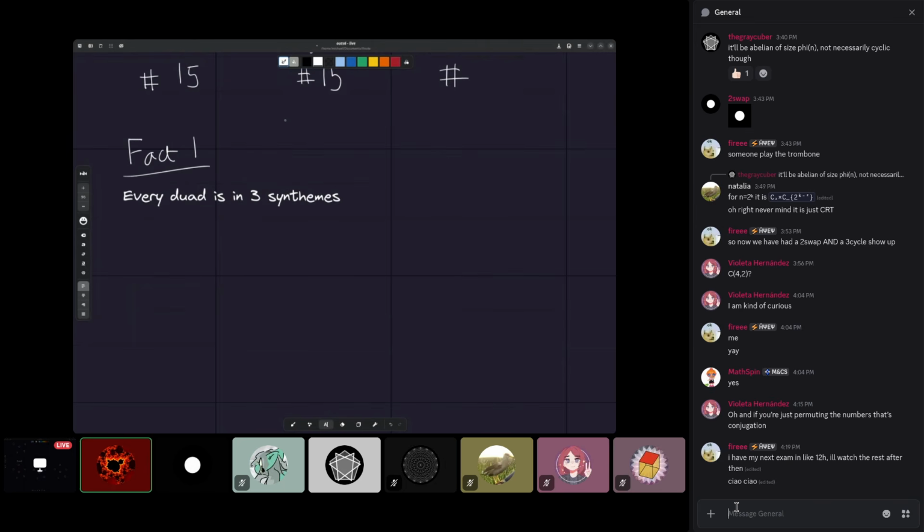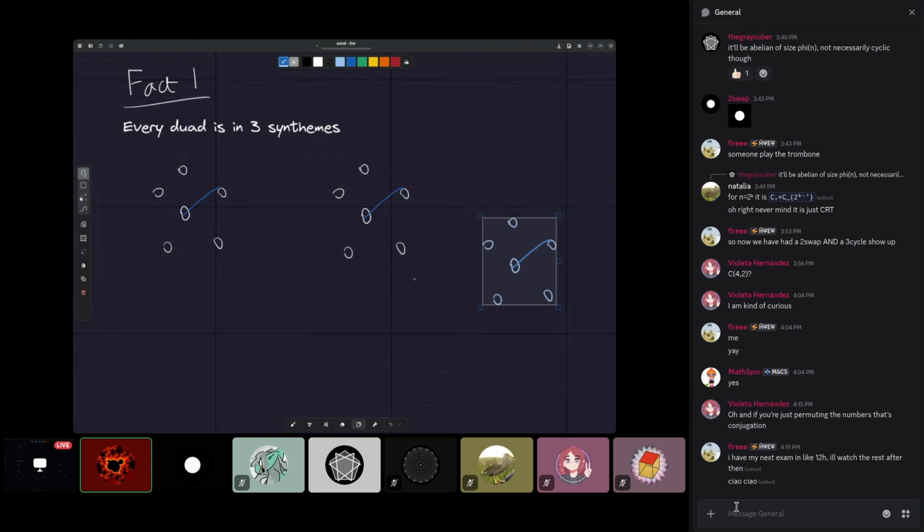So, okay. Why? It's fairly easy enough to see why. You start with 6 points. You say, here's my duad. How can this possibly be completed to a syntheme? There's going to be 3 ways of doing it.